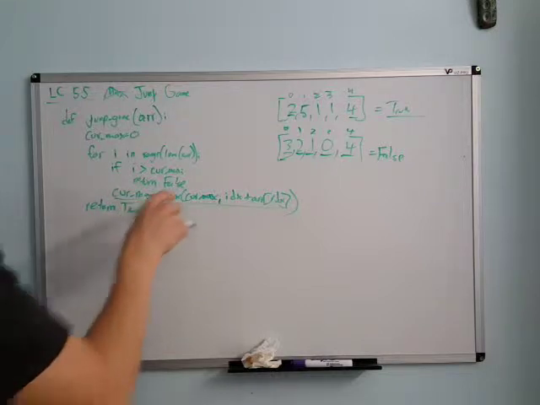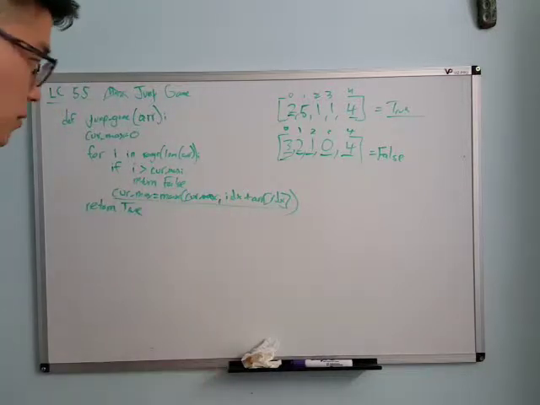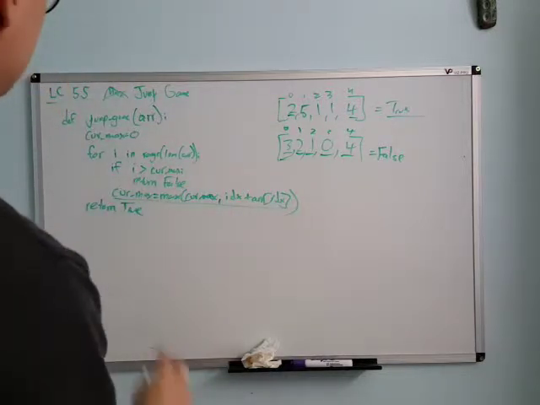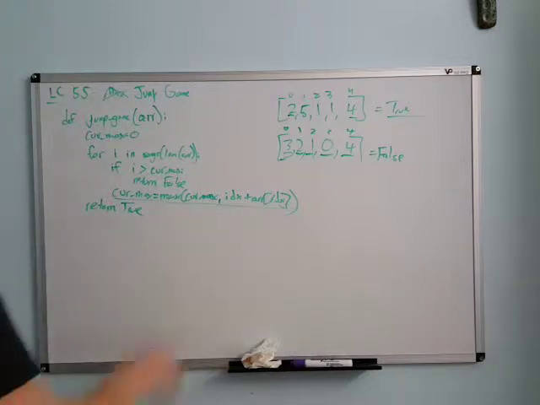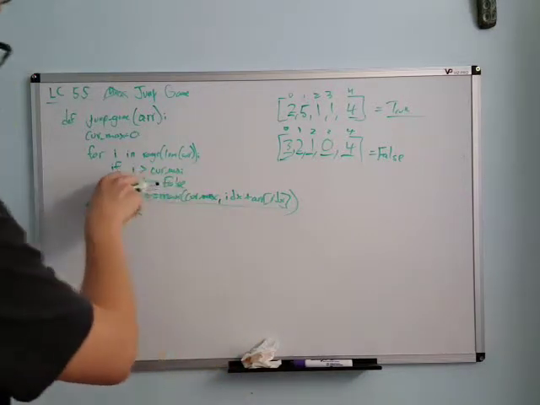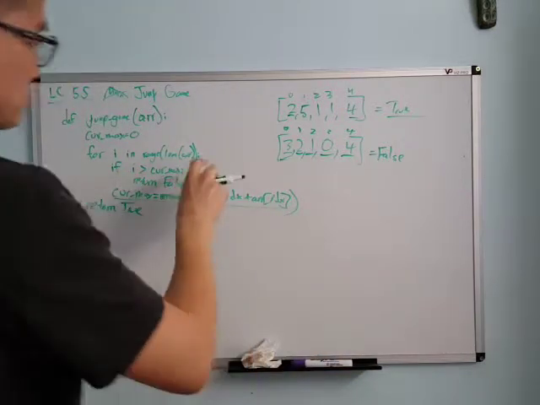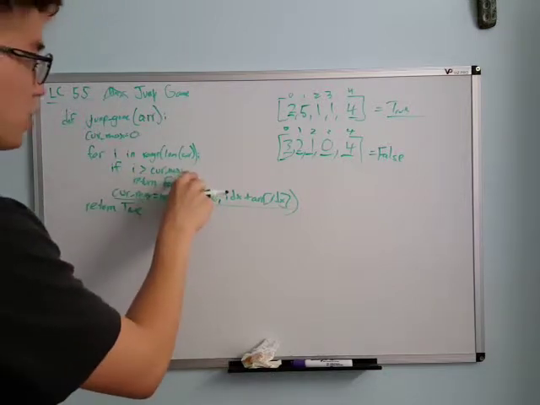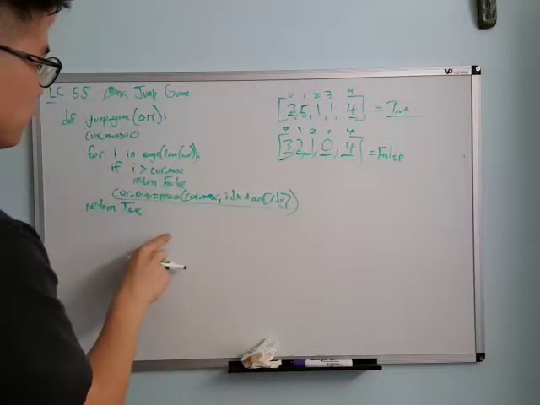But it makes more sense now. So we're going to maintain this variable and iterate through the array, keeping track of the index. If i is greater than the current max, then we return false.